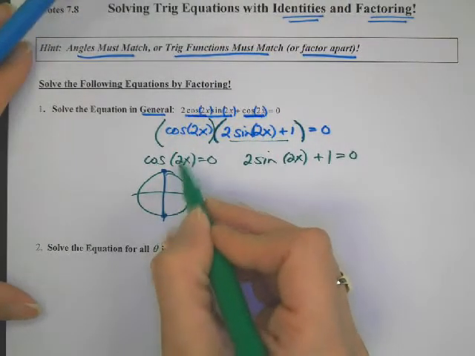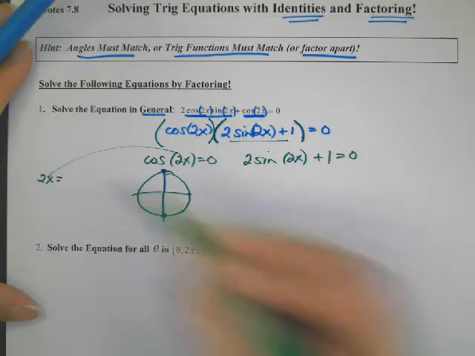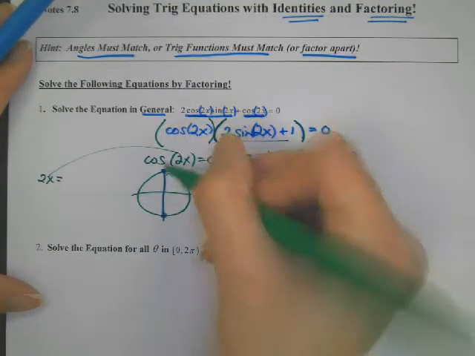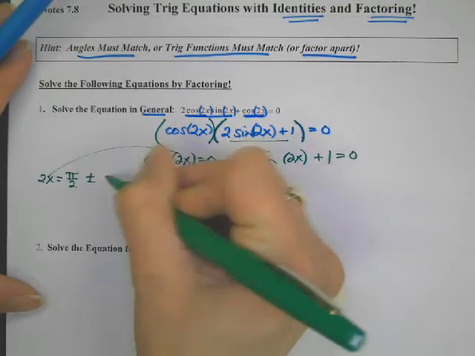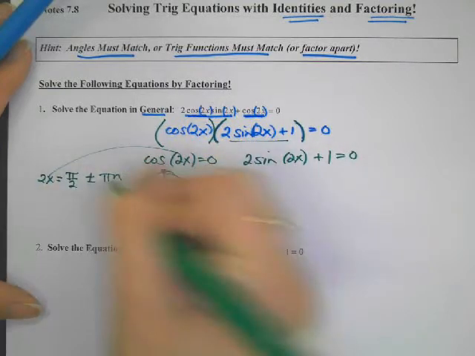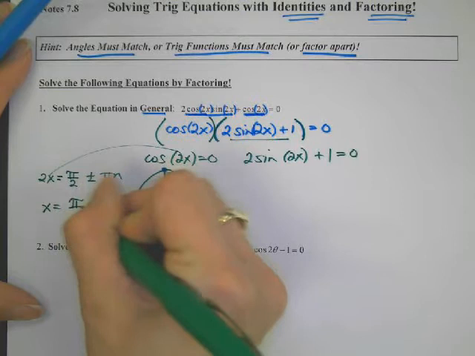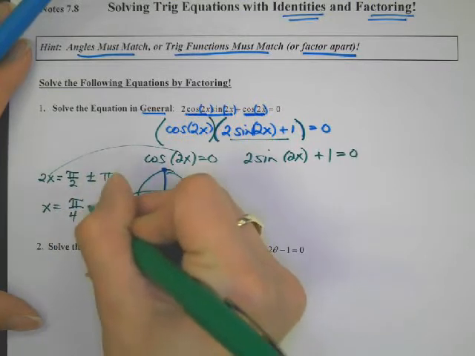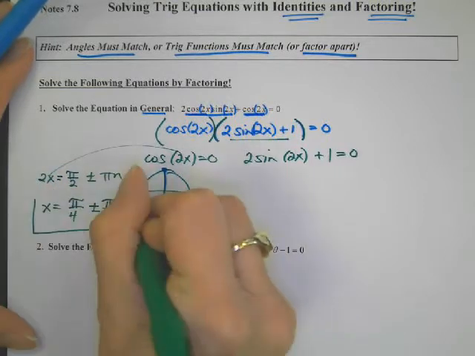The name of the angle is 2x. So 2x equals, one of the places is pi over 2 plus or minus pi n. Let's divide each and everything by 2. So x is going to be pi over 4 plus or minus pi over 2 n.